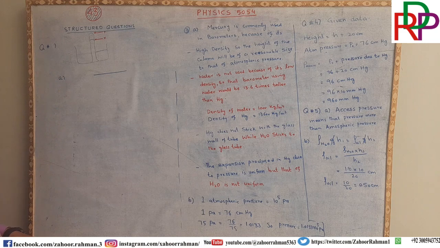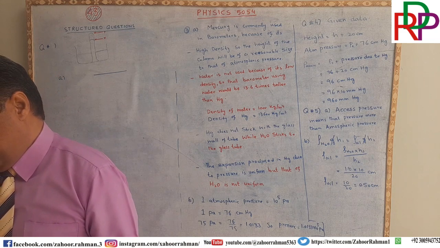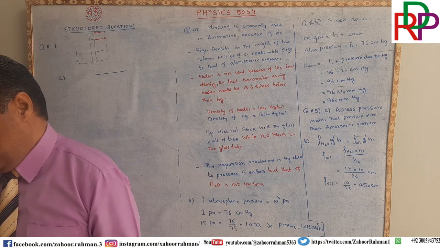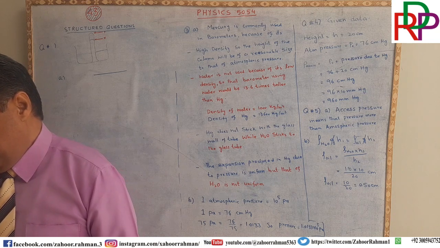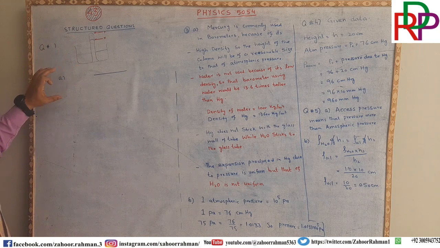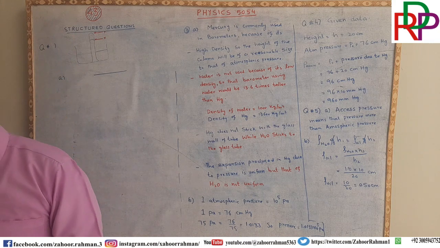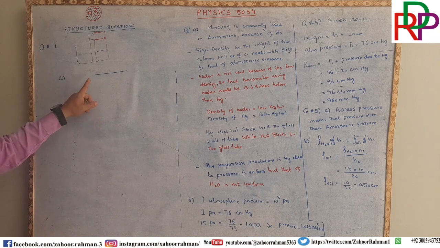A, B, C. Okay, let us now understand the question. The diagram shows a simple mercury barometer used to measure the standard atmospheric pressure. Keeping in mind this situation, we have to answer. The first part A is saying between X and Y there is a dash.